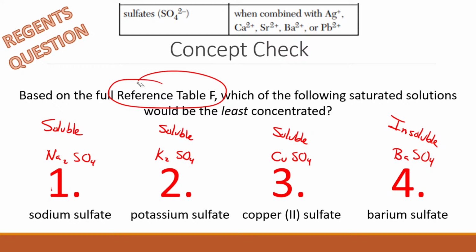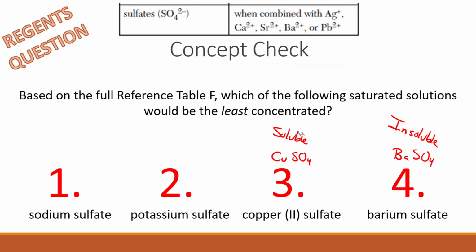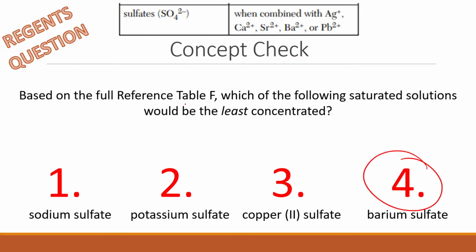But what is this question even asking? Right, this is a tricky English question more than anything else. Right, already accepting that number 4 is the right answer, let's take a look at the question itself. Which of the following saturated solutions would be the least concentrated? Right, what does concentrated mean?